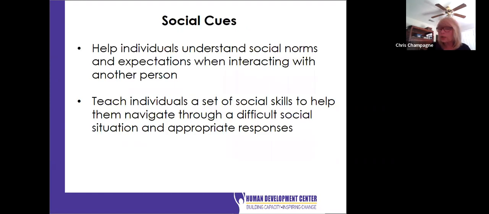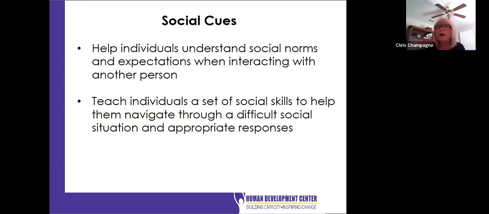The next one we're going to talk about, this class of visual cues are social cues. And sometimes your communication ones and your social ones kind of bleed over on one another. But these are cues to help individuals understand social norms. We have lots of kids, some of whom might be on the autism spectrum, but not necessarily all of them.